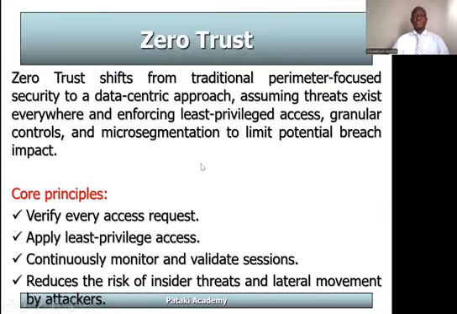Zero trust shifts from the traditional perimeter-focused security of those days to a data-centric approach, assuming threats exist elsewhere and reinforcing least privileged access, granular control, and segmentation to limit potential breach impacts.